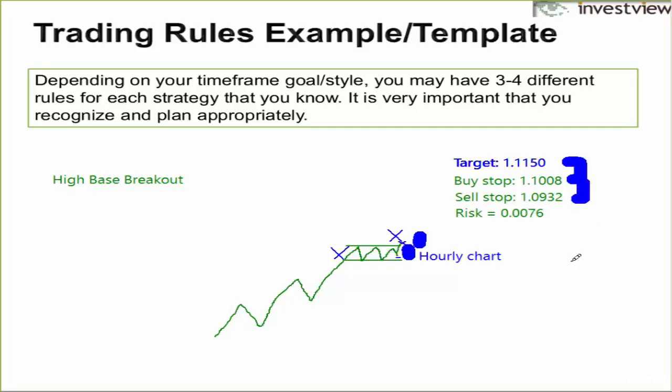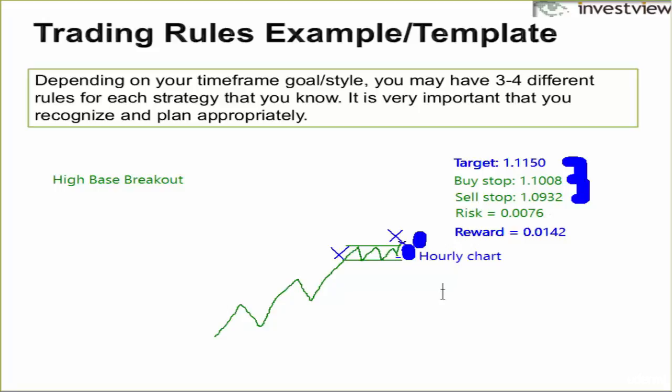So 111.50 minus our entry price of 110.08 is 142 pips. So our reward potential is 0.0142.